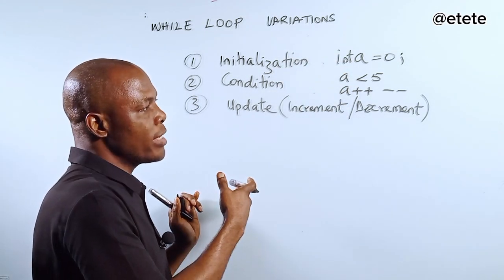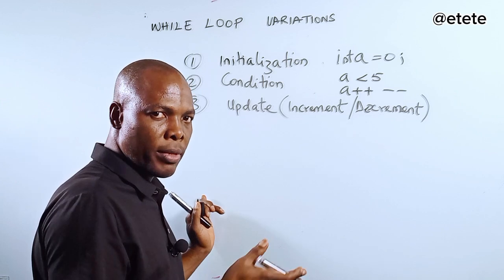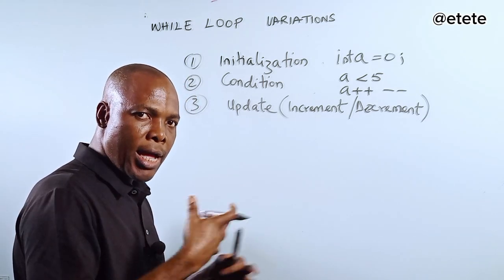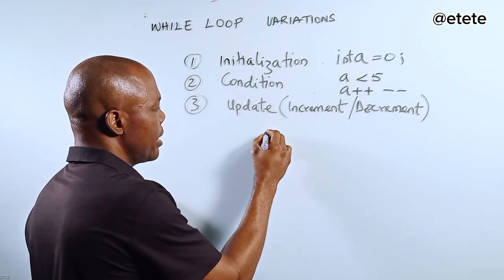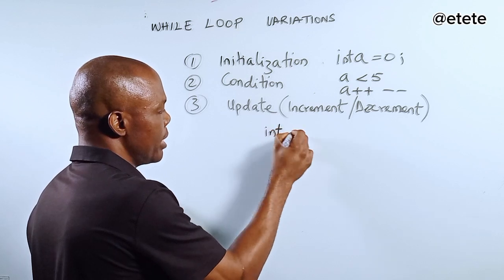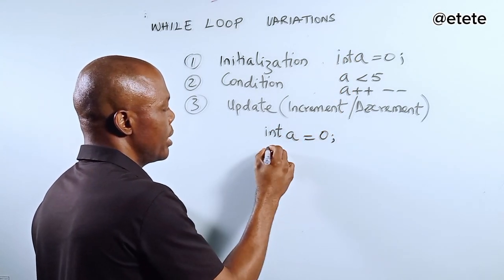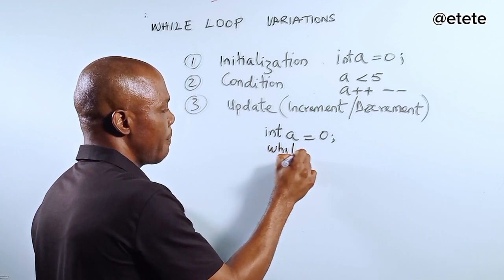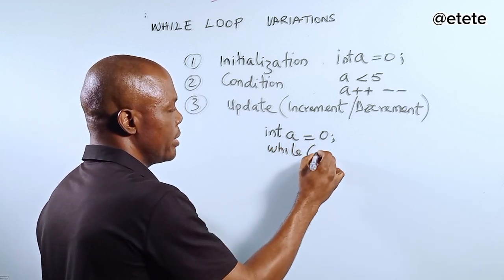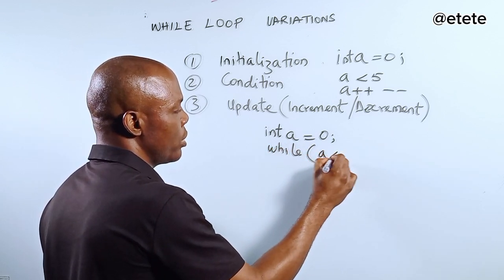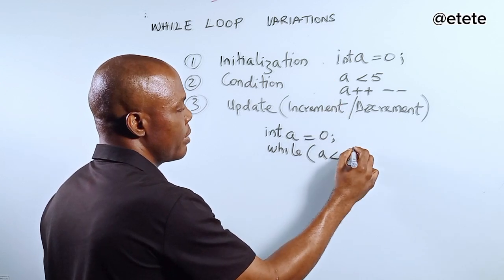So I'm just going to write the standard while loop like we did in the last class, and then I will alter it. I declare a variable int A and assign 0 to it. Then I say while, and inside the parentheses I put my condition, A less than 5.